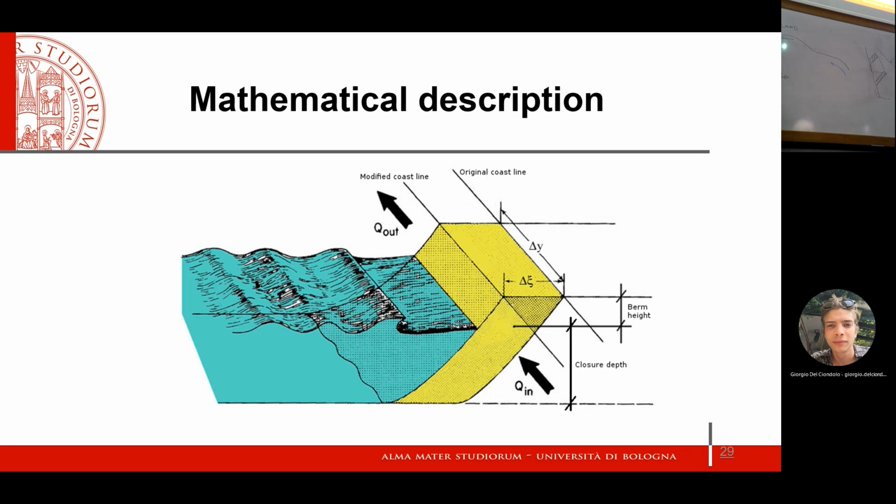And therefore, it means that if you have more outflow of sediments than inflow, it means that you have erosion. The opposite is true when the Q in is higher than Q out. Therefore, you split the beach in several pieces.